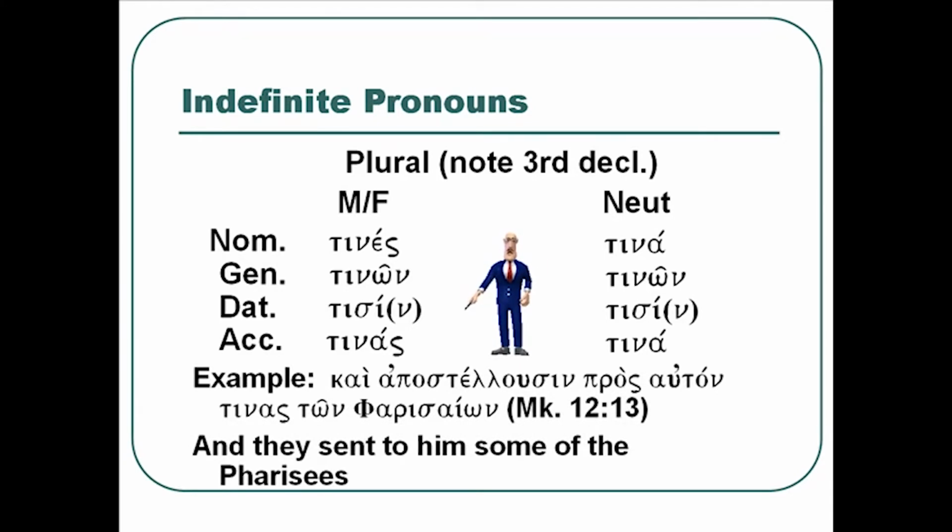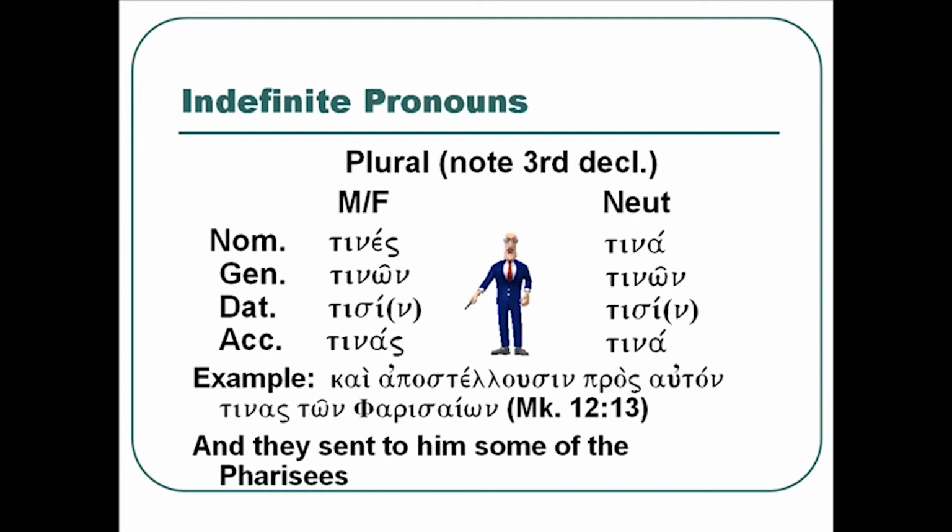Now here's an example of the use of the indefinite pronoun. Kai apostelusin pros auton tinas ton pharisaion. And they sent, apostelusin, to him, pros auton, tinas.